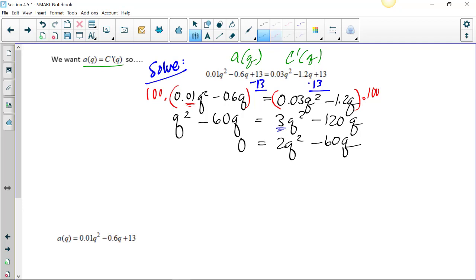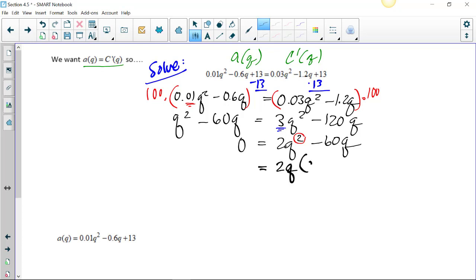I can see that this is a quadratic equation. Remember, one of our most favorite, most useful methods in this class is greatest common factor. So we need to factor out the common factor here.